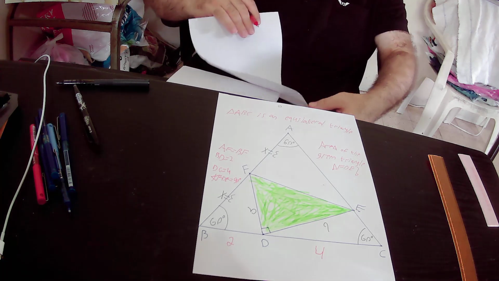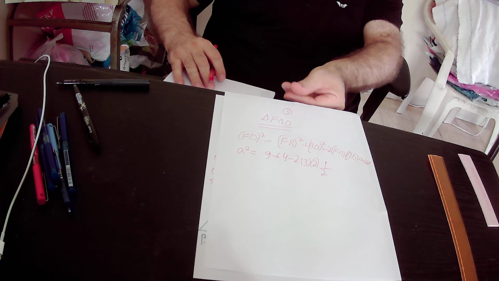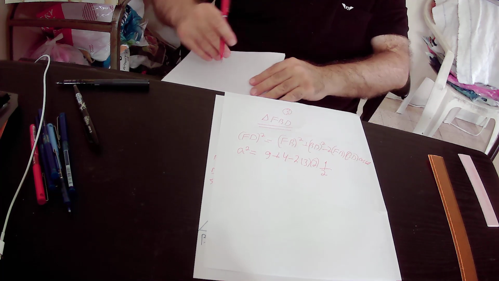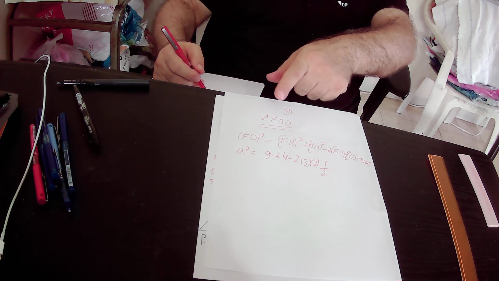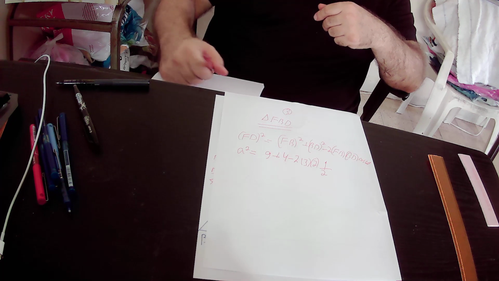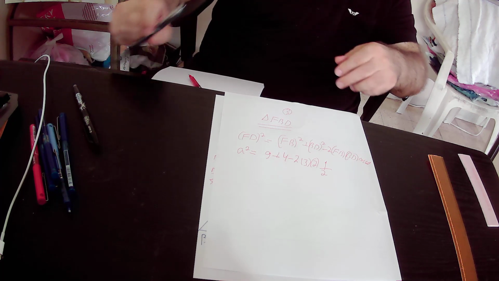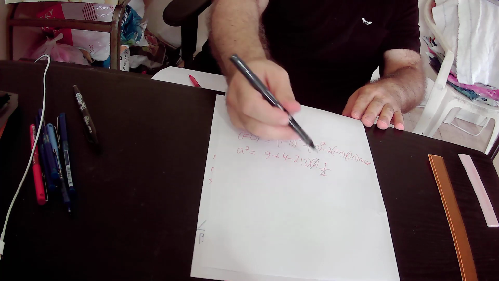So in total we get that A squared equals 9 plus 4 minus 2 times 3 times 2 over 2. 2 over 2 is 1, so the 2 is cancelled.